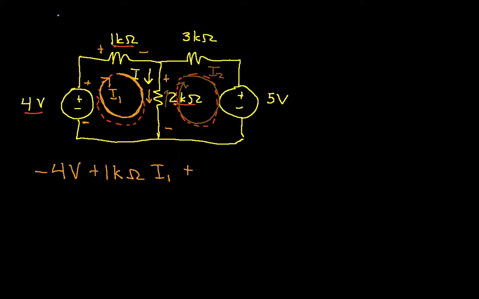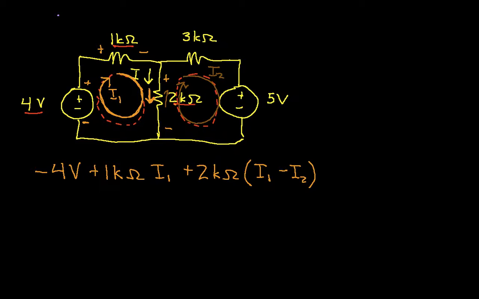Instead, we think of them as virtual currents. And in fact, what we will do is we will take the 2K ohms that our resistance is, and we'll multiply it by I1 minus I2. This I1 minus I2 is the net current flowing in this direction.